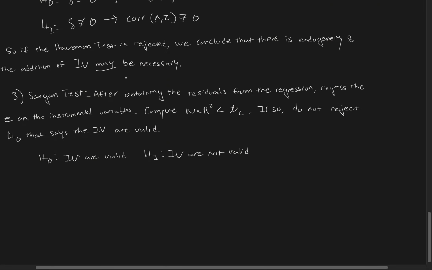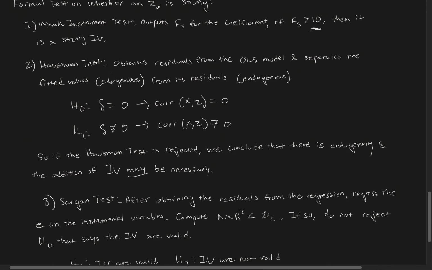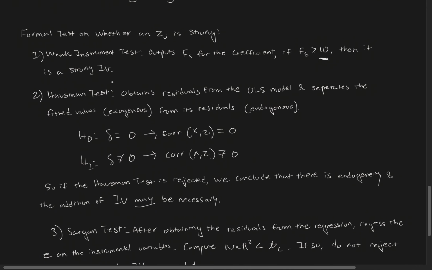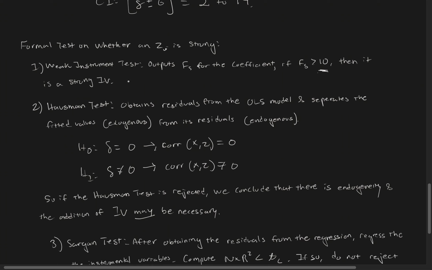So in order for us to conclude that the instrumental variable is appropriate, it has to go through the weak instrument test, the F statistic being greater than 10, first.